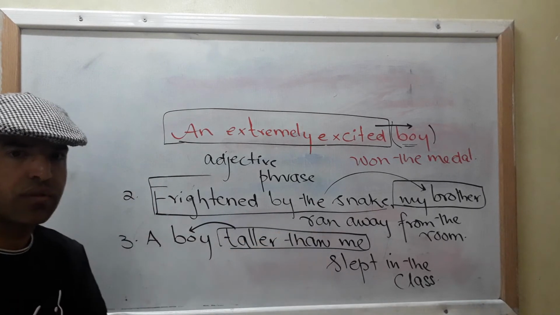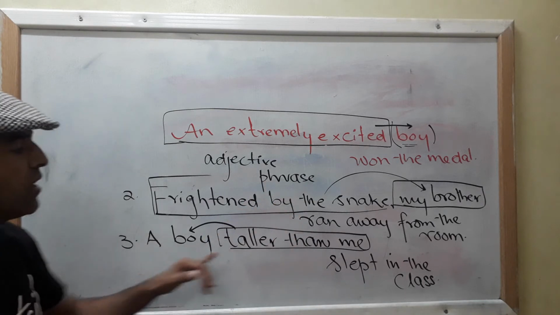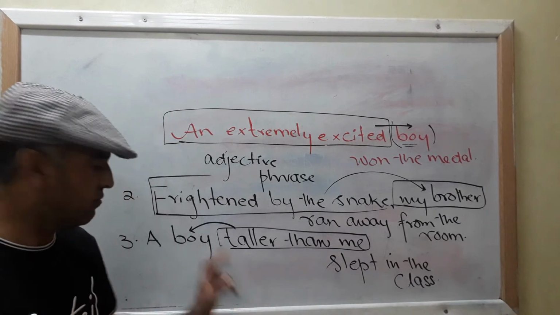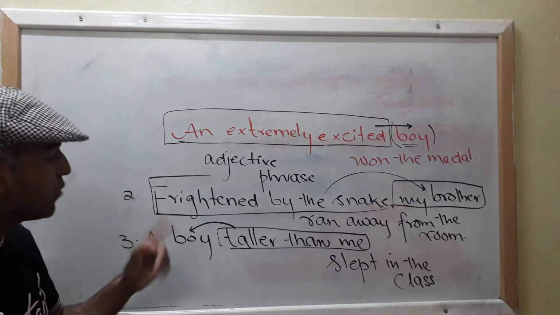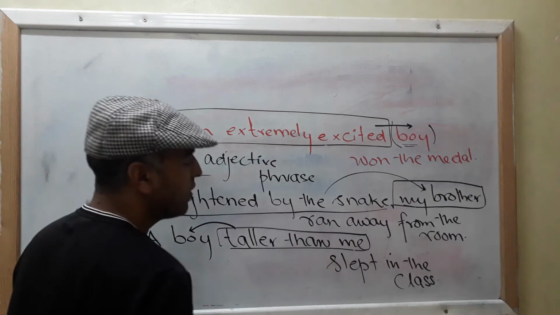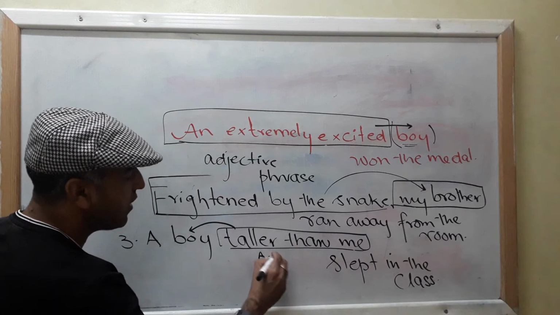If we take out this adjective phrase, we get: a boy slept in the class. This is a sentence: subject, verb, prepositional phrase. So when we talk about this part of the sentence, "taller than me," this is an adjective phrase. Why is it so?